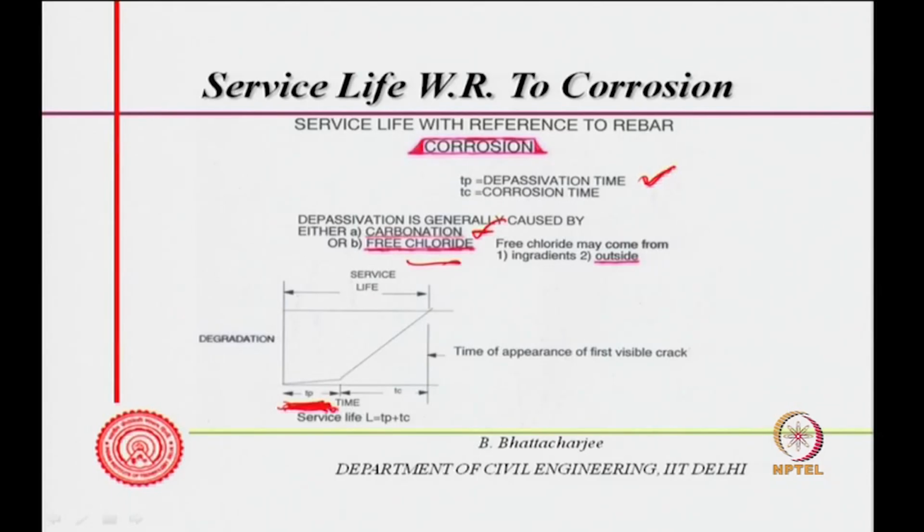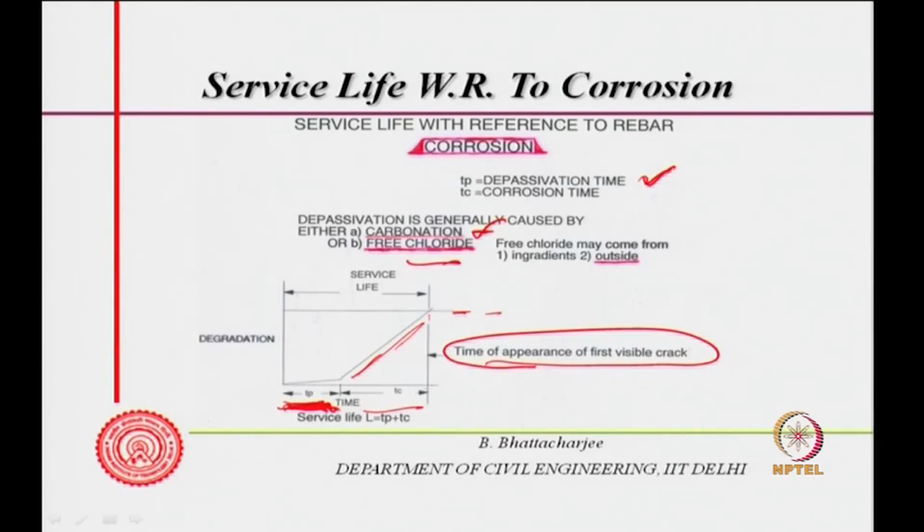So, once the depassivation has occurred, that is, the layer of oxide which is formed on top of the rebar at high pH level is destroyed at a low pH value. When pH turns out to be low or sufficient chloride has come, then the corrosion process might start, and the time after which a serviceability limit is reached is the time of appearance of the first visible crack.